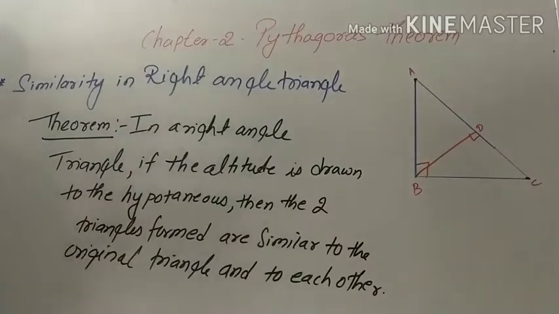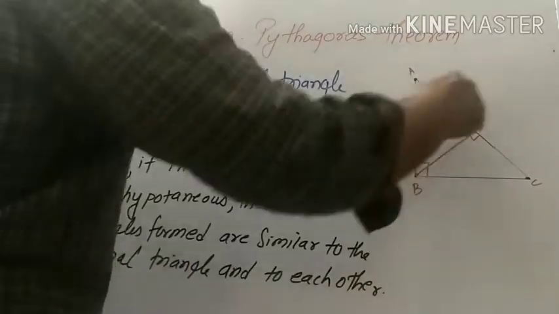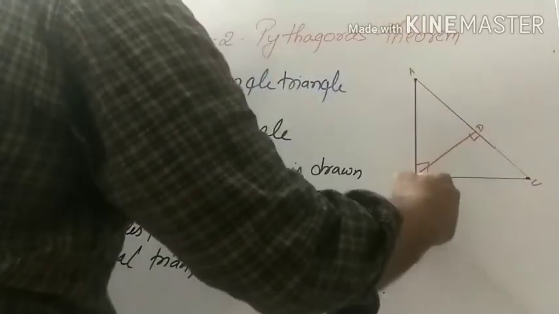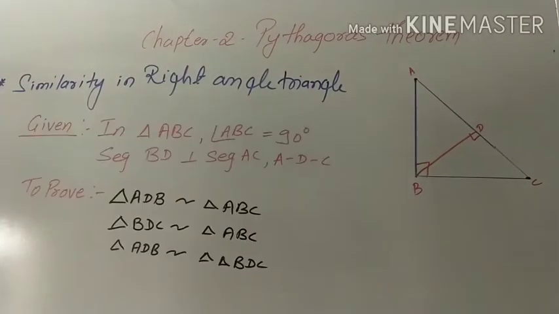We have to prove triangle ABD similar triangle ABC and triangle DBC similar triangle ABC. Okay? Now student, first of all, we write what is given.